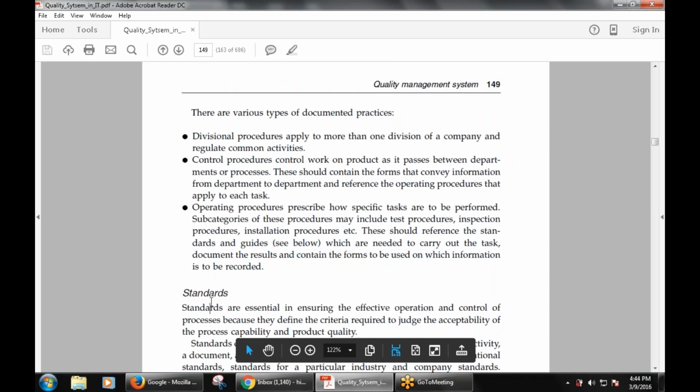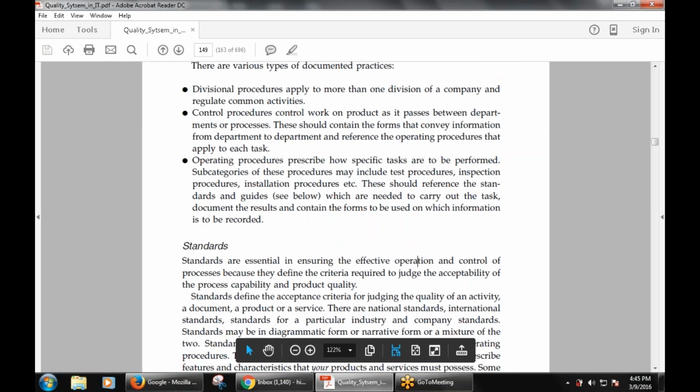Now we are done with the policies and the procedures. The next part is the standards. Standards are essential in ensuring the effective operation and control of the processes. Procedure means the steps that will be followed to apply the policy.